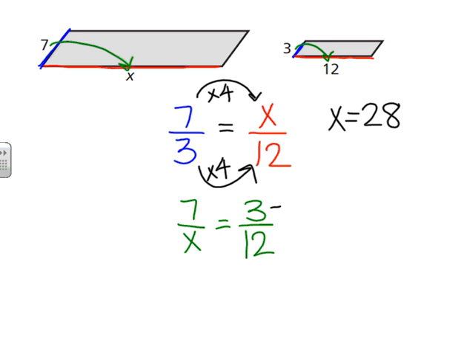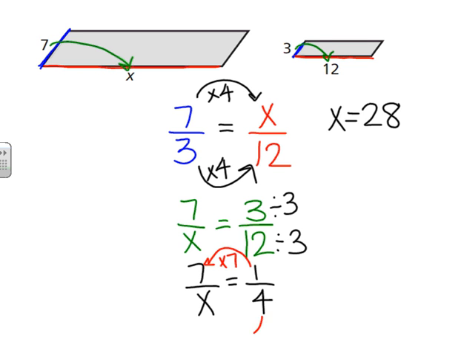Okay, 3/12, if I divide by 3 on top and bottom, that will simplify down to 1/4. So I get 7 over x equals 1 over 4. And then I can multiply 1 by 7 and 4 by 7. So I get x equals 28. Now again, it's just a second way of doing it. I just want you to see that there is more than one way to set up your proportion.